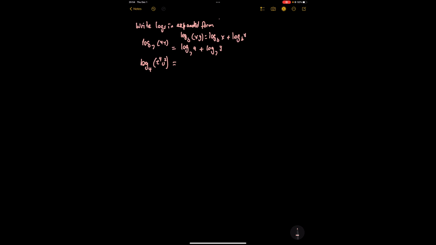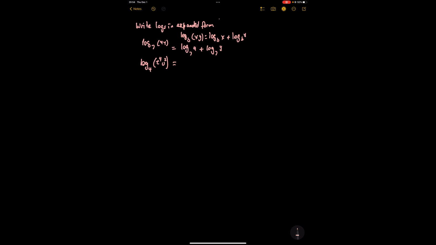Actually, my bad. In the first one we just did, it was also the product property, not the power property. But on this one, we also have the power property. So this thing has two, the product property and the power property. So what are we gonna do first? Well, first thing first, we're gonna do the product property.